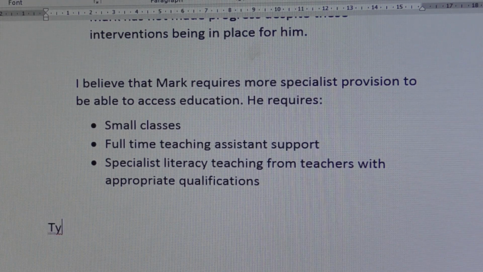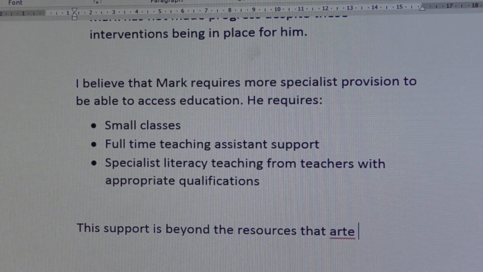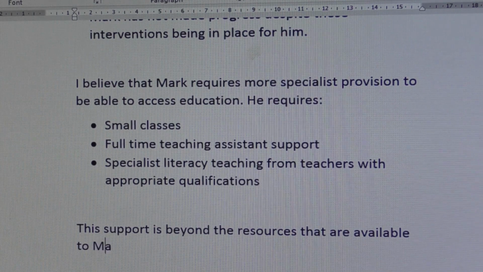So this support is beyond the resources that are available to Mark's school.